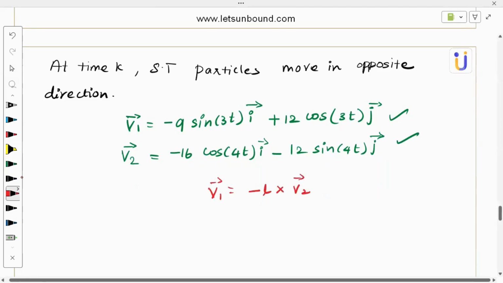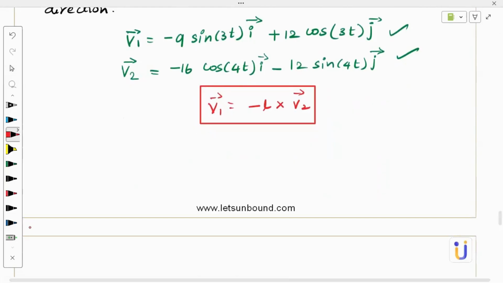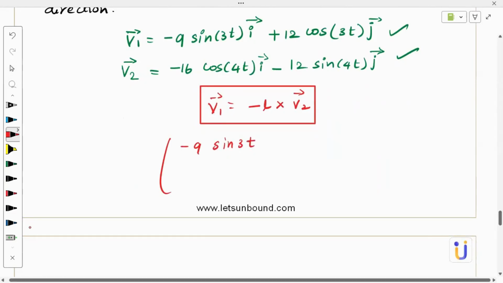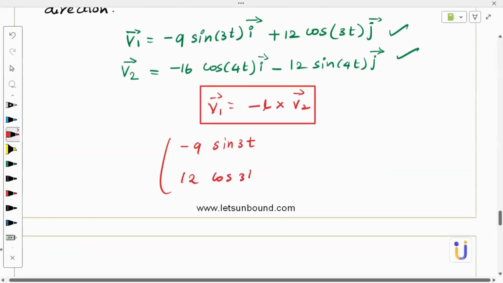Either way you can take, but I took it this way. Correct? So what is my v1? In this case, it's better to write the minus sign in the component form: minus 9 sin 3t, 12 cos 3t equal, let it be L. I'm going to just prove L is negative. Okay, this is just to say it's a negative multiple.